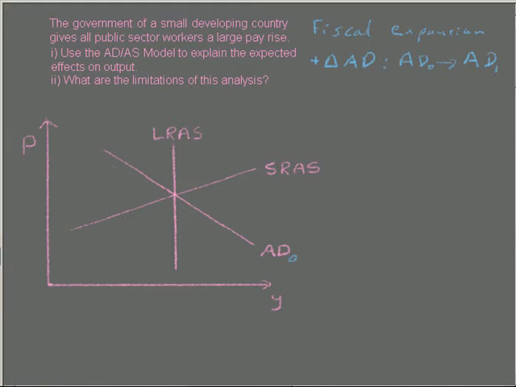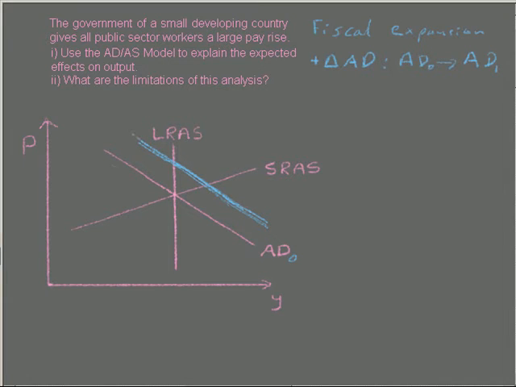On the diagram, that means that for every price level, demand will increase, which means this AD0 curve will move to the right to become the new AD1. It's very difficult to get these curves straight, let alone parallel.